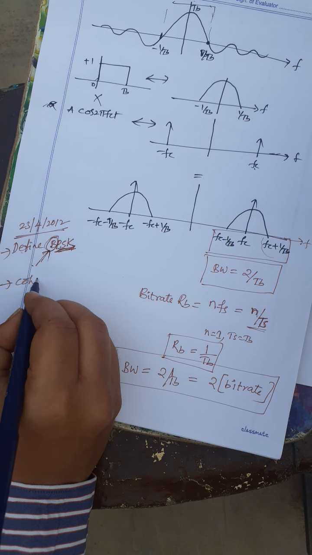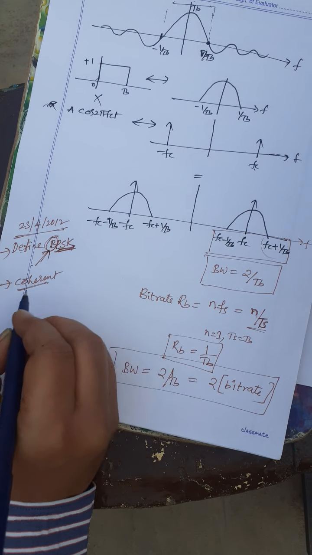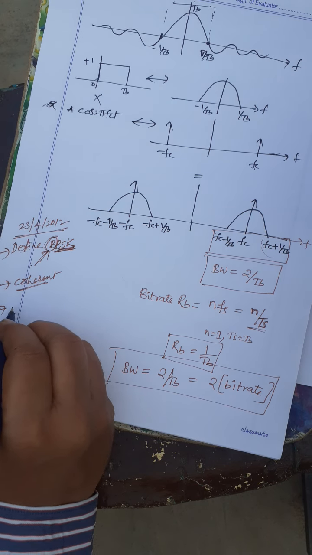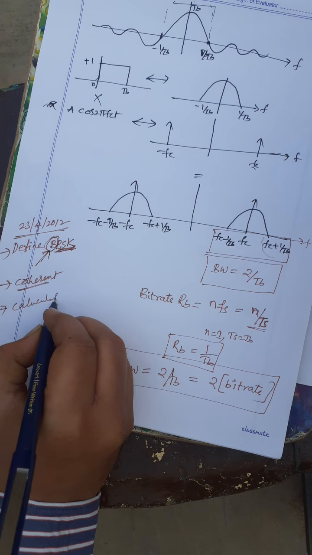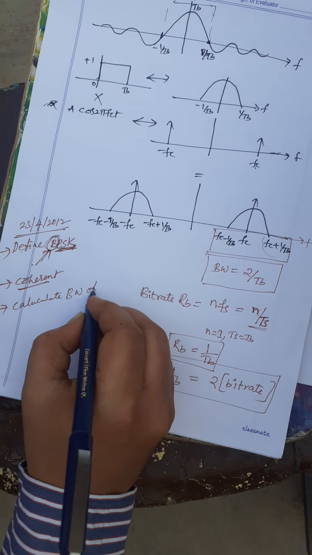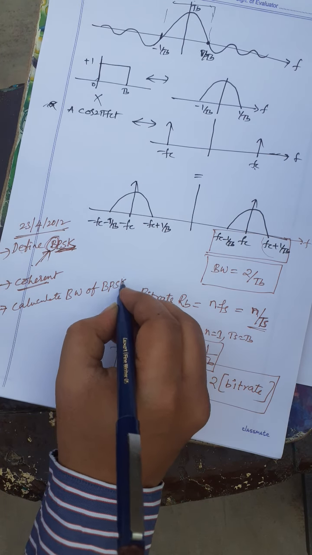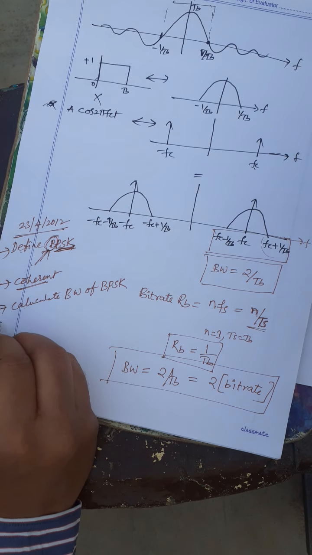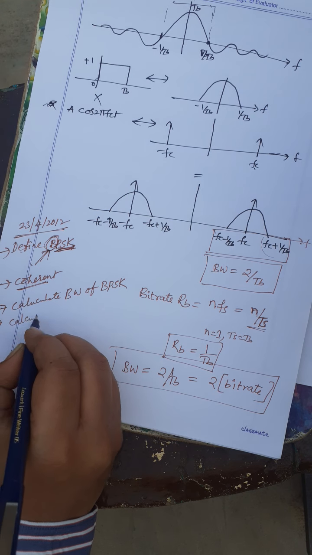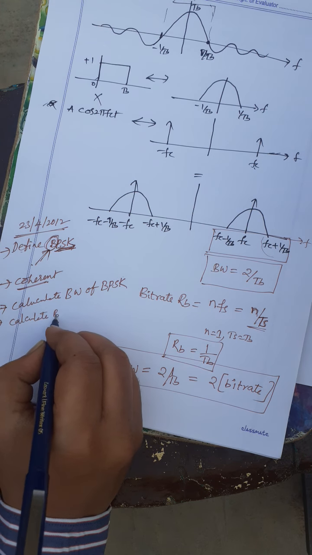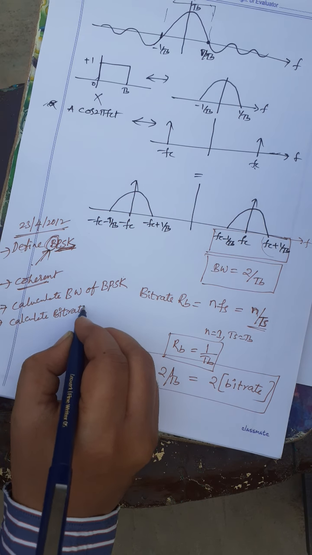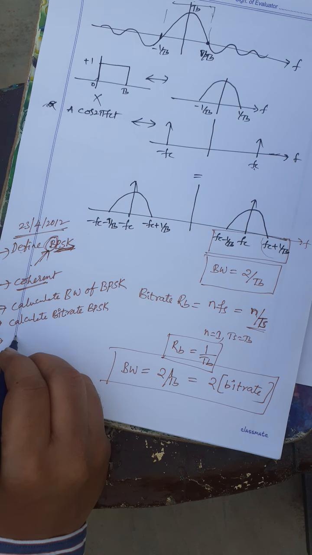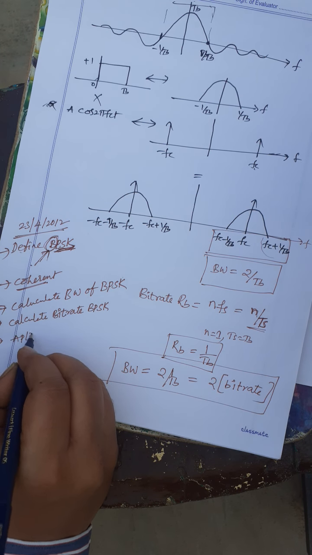What is coherent? What is the meaning of coherent? And the third question is, calculate the bandwidth of BPSK, and calculate the bit rate of BPSK, and applications of BPSK.